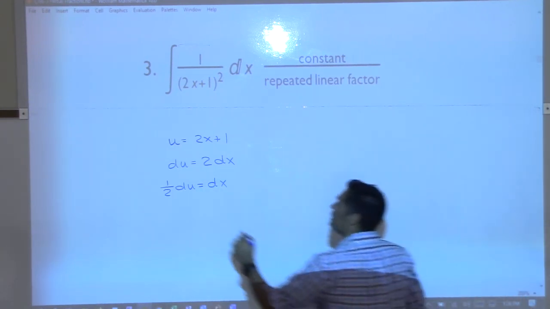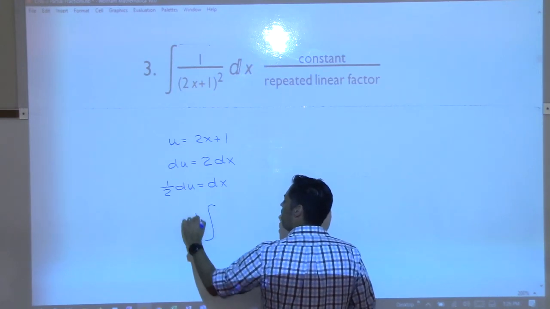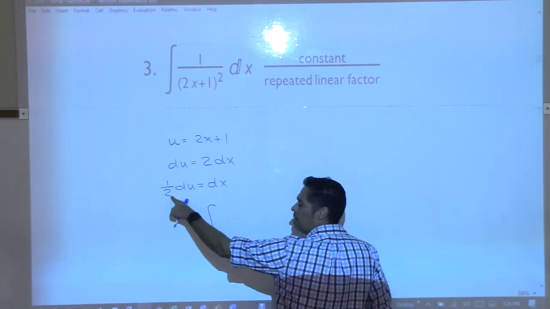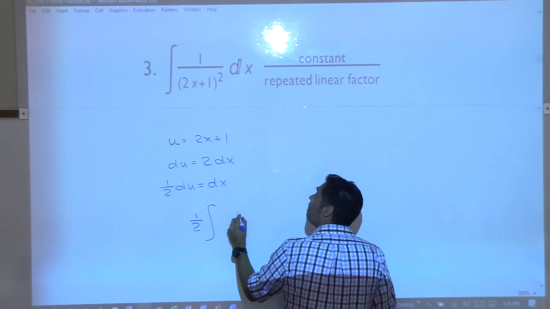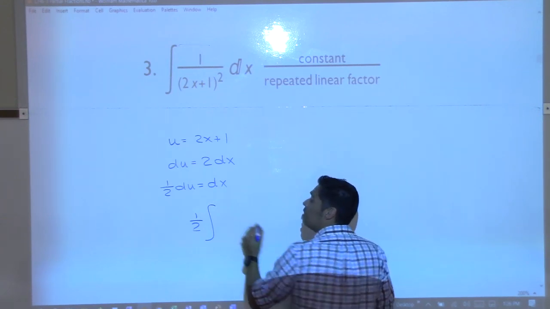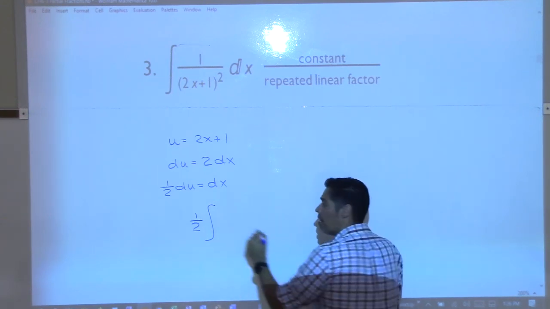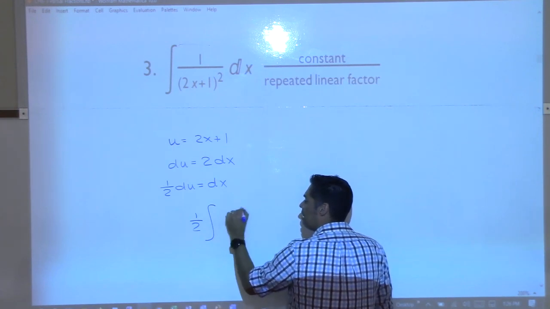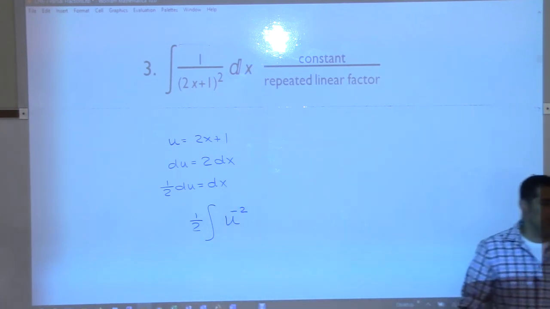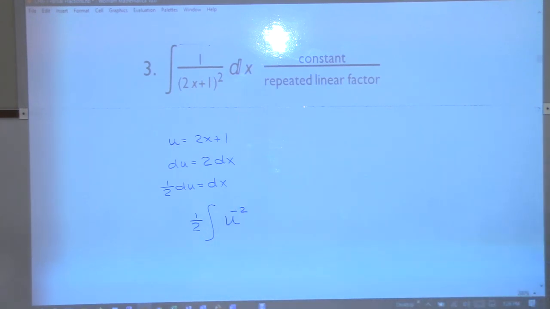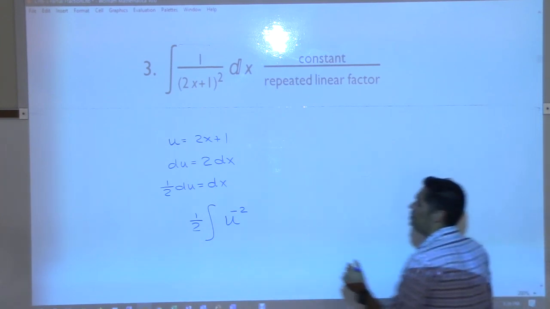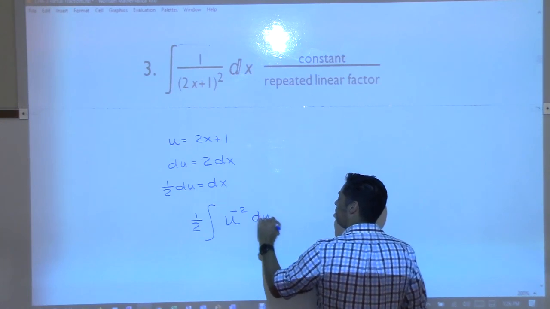So my new integral becomes the integral, I have a 1/2 out front that comes from the 1/2 du, and then what? 1 over u squared, right? I'm not going to write it that way. I'm going to write it u to the -2, because I'm going to be using the power rule to take the antiderivative. And then du, right? That's what I have.